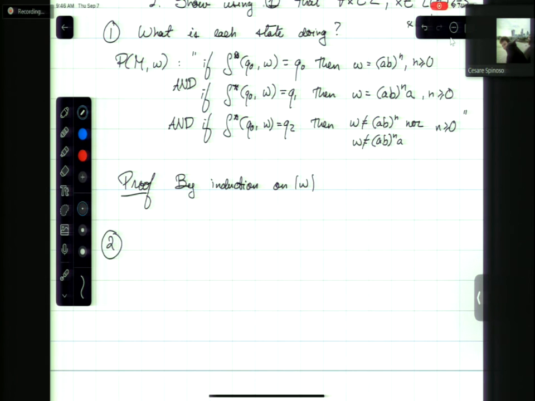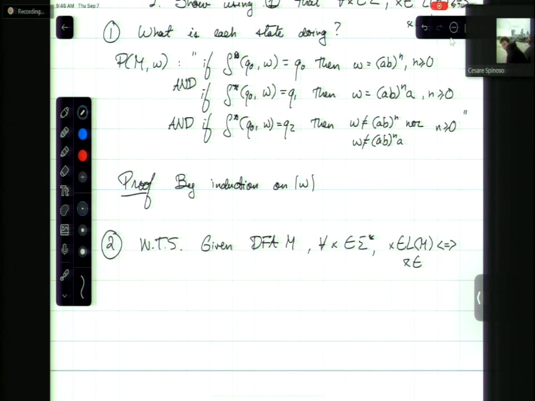I want to show that given a DFA M, for every x in sigma star, x is in L of M if and only if x is in L. And so this is an if and only if, so I need to prove both directions, the if-then and the then-if. To do that, for the first direction, I'm going to prove this directly, and for the other direction, I'm going to use the contrapositive.